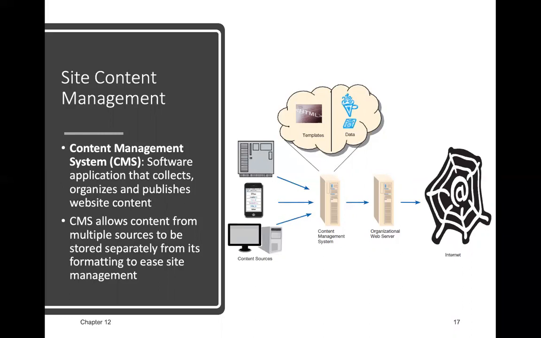We can take all this content from multiple sources and format it to ease our site management. This allows us to have a very good understanding of the relationship between different sources of data that is relevant to our environment.